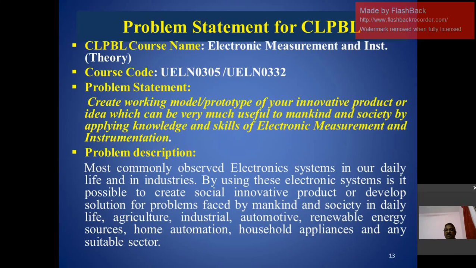By using these electronic systems, it is possible to create a social innovative product or develop a solution for problems faced by mankind and society in daily life, agricultural, industrial, automotive, renewable energy sources, home automation, household appliances, and any suitable sector. So this is the description for writing the problem statement.